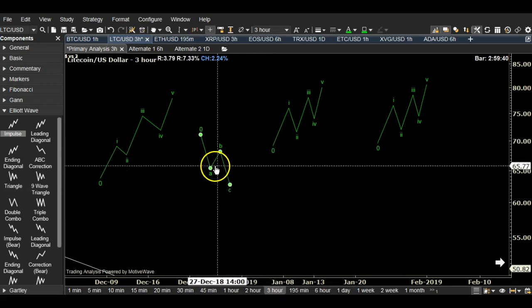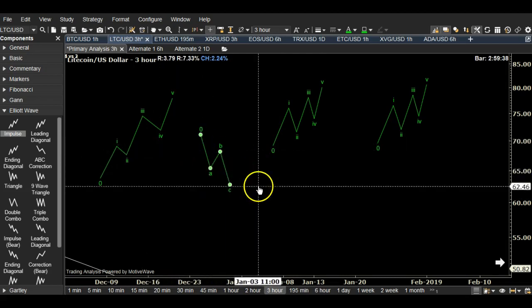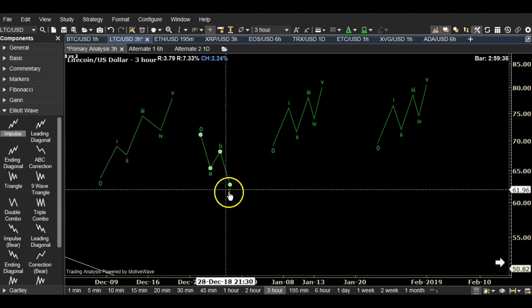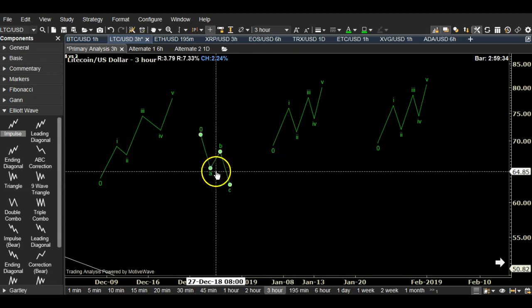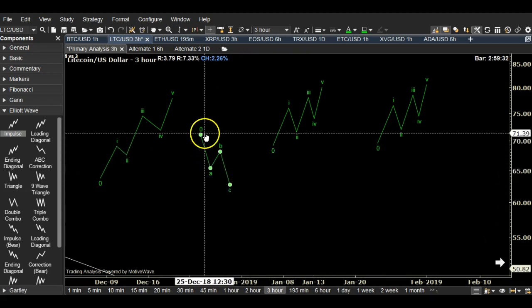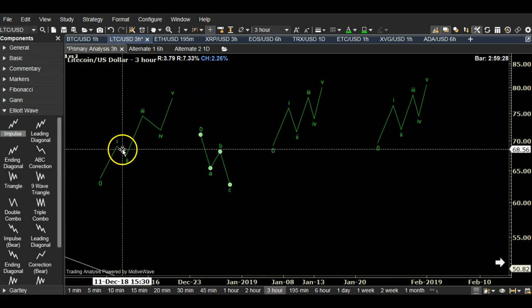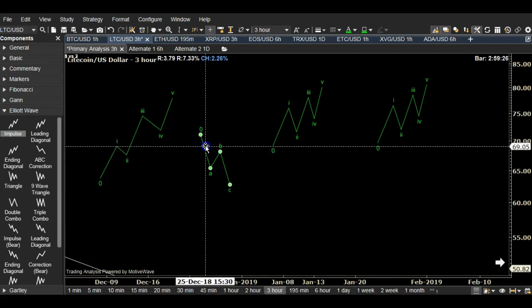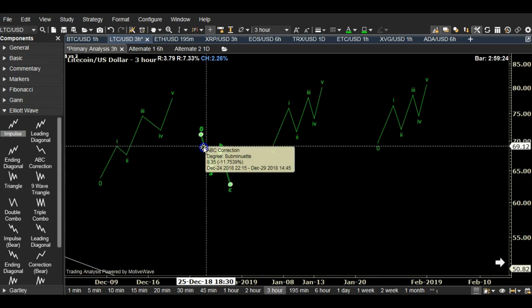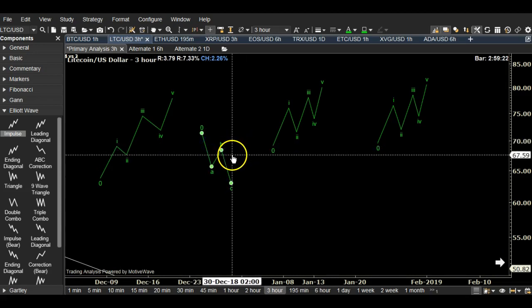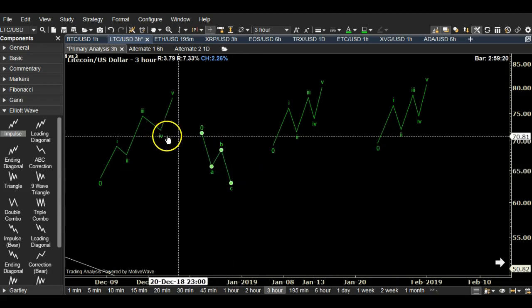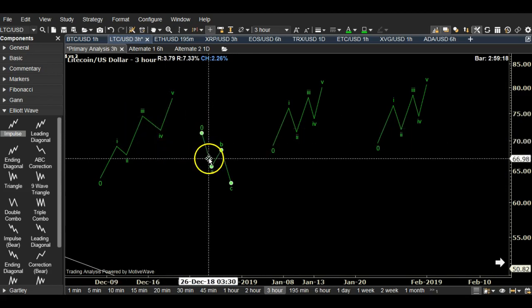So you can have a basic ABC, which we call a zigzag, where wave A equals wave C, and the price pulls back very easily. This usually happens in wave 2 of a structure, like in a wave that's down here. You can take this and put it here, and that would be a wave 2. Or they happen in wave 4.